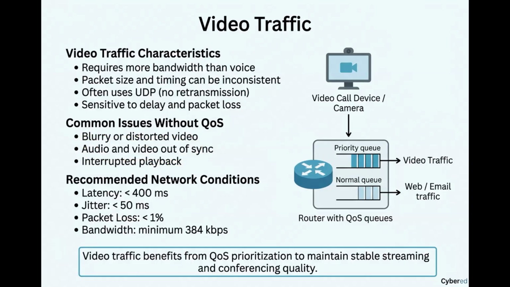Recommended network conditions for video traffic: latency less than 400 ms, jitter less than 50 ms, packet loss less than 1%, bandwidth requirement minimum 384 kilobits per second. Because video packets vary in size and timing, video traffic can be less predictable and less resilient than voice traffic.